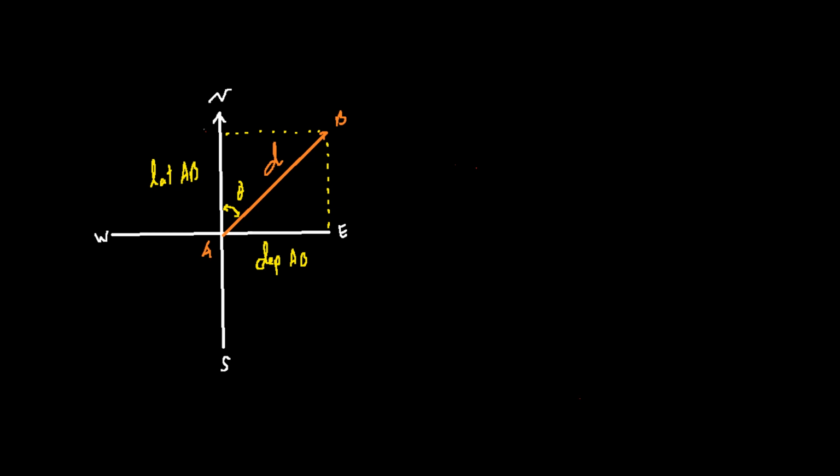Given a traverse line AB with distance d and with direction theta degrees from the north-south meridian, the latitude of the line AB is equal to the product of its distance d and the cosine of the angle theta, which is the bearing of line AB.